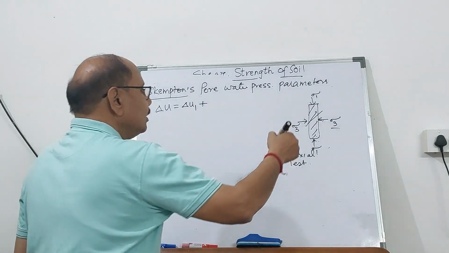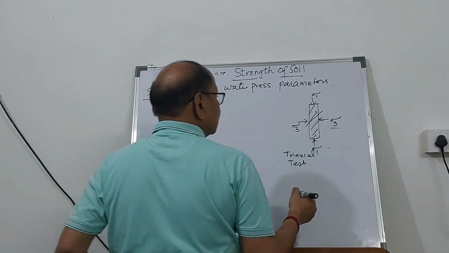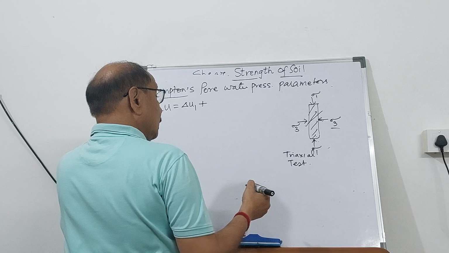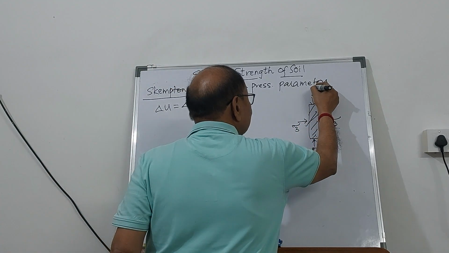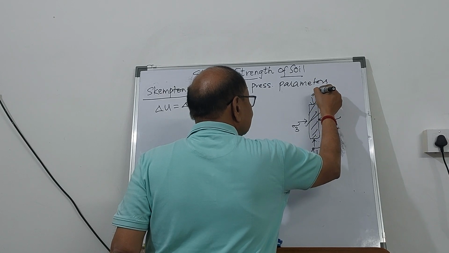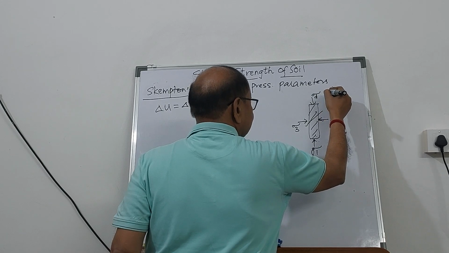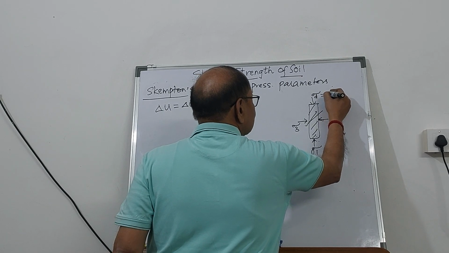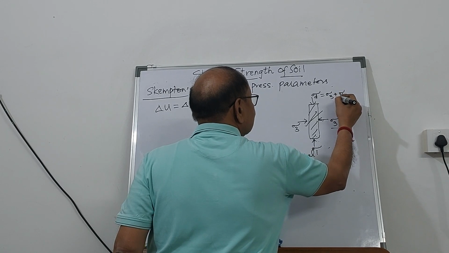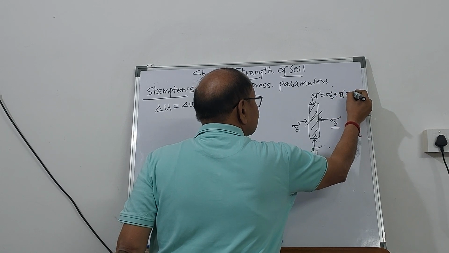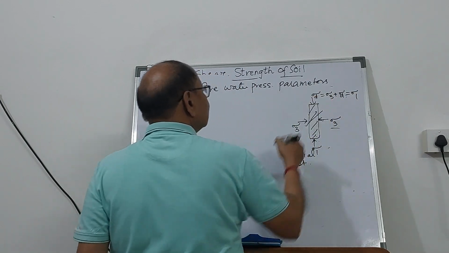And then in the triaxial test, this is called the first stage, and in the second stage, you are going to apply the additional axial pressure, that is called sigma D or deviatoric stress. So sigma 3 plus sigma D equals sigma 1, because sigma 3 is acting in all directions.